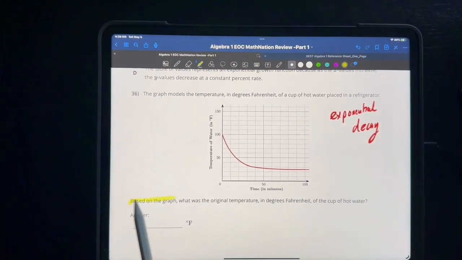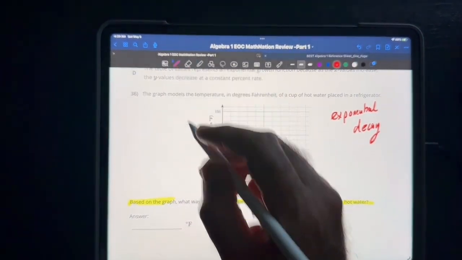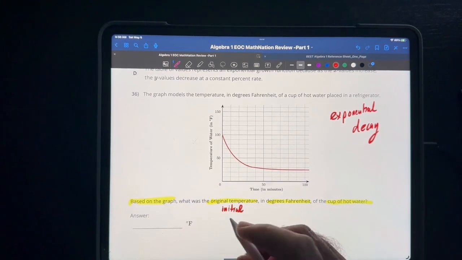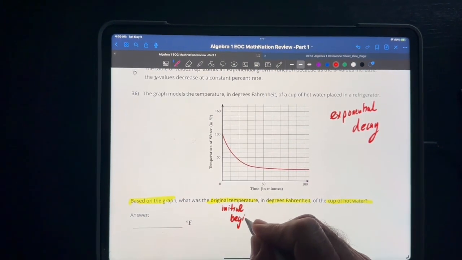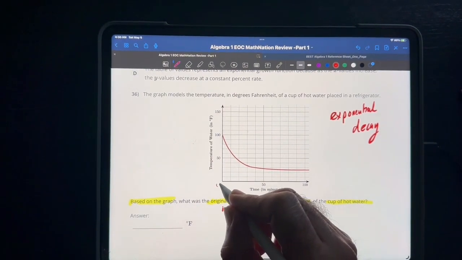Based on the graph, what is the original temperature in degrees Fahrenheit of a cup of hot water? Original means what you're starting off with. The original means the initial, the beginning. In the beginning, time is equal to 0.